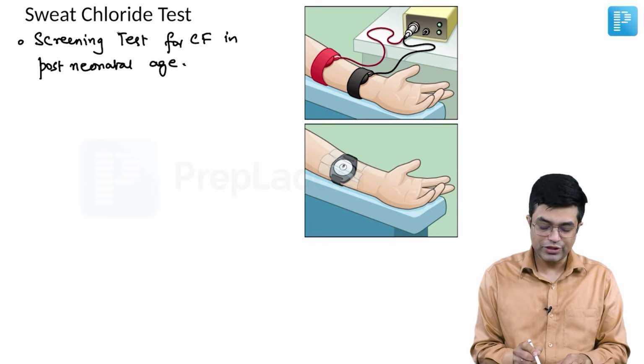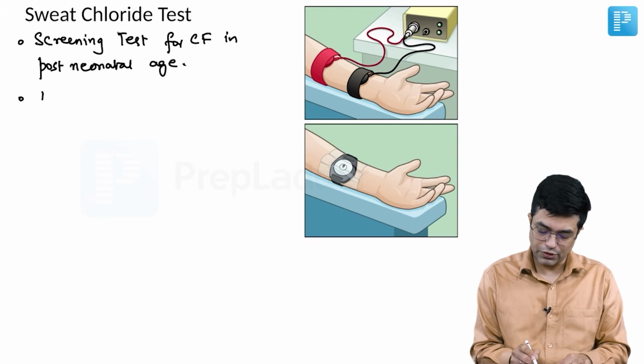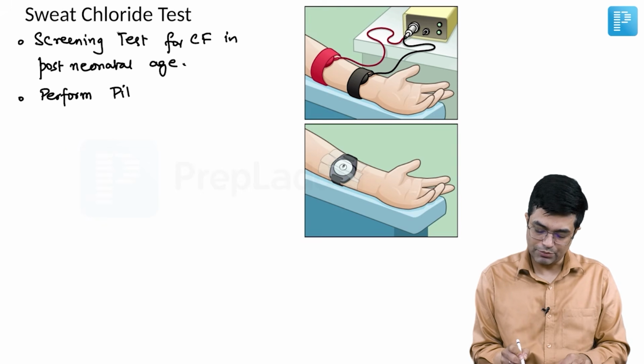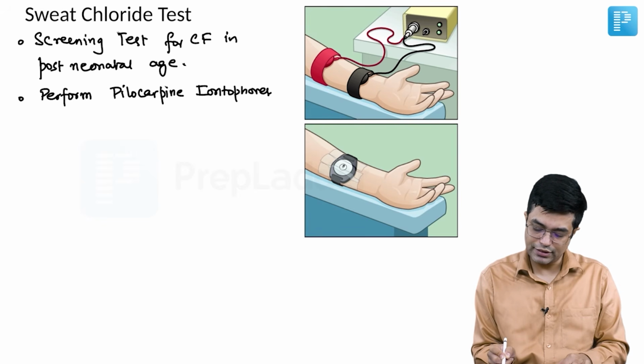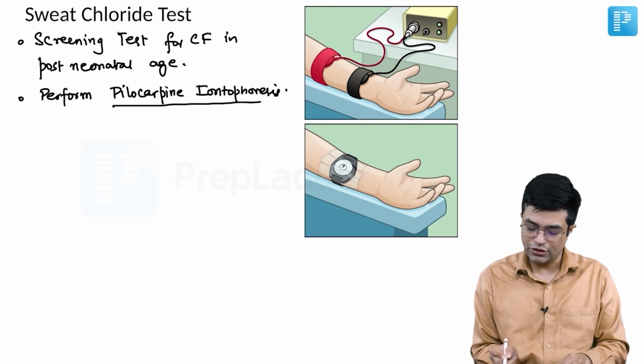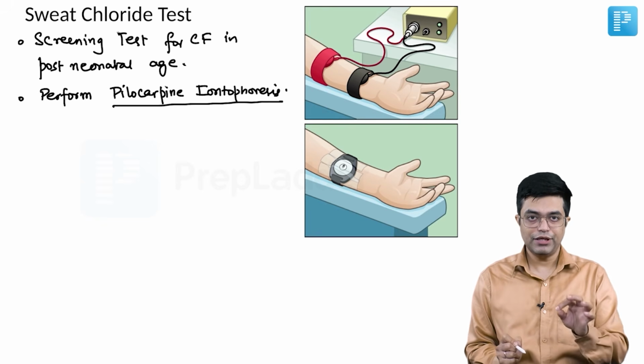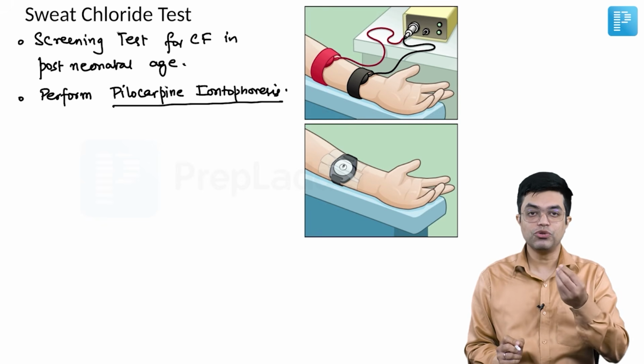For the purpose of doing sweat chloride test, we always perform pilocarpine iontophoresis using an electric current, and using the drug called pilocarpine, we make the sweat glands produce sweat.